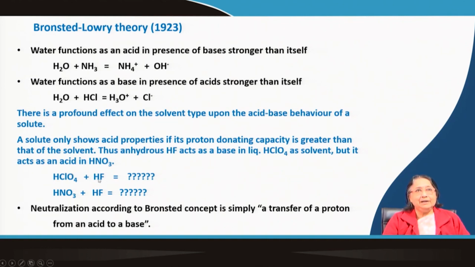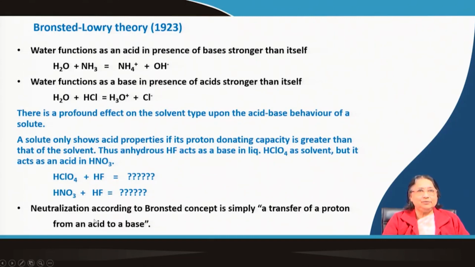Here, in this reaction, perchloric acid will act as the acid and hydrofluoric acid will act as a base. But where perchloric acid is not there and nitric acid is there, it will be opposite. That means nitric acid will be a base and hydrofluoric acid will be an acid.